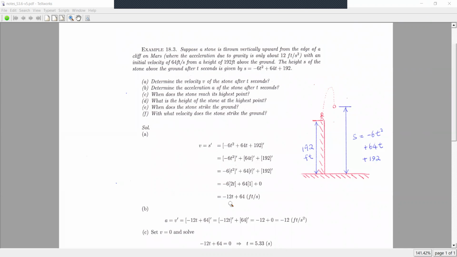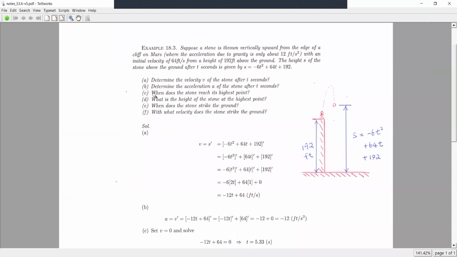This is the velocity of the stone after t seconds. Part B. Determine the acceleration of the stone after t seconds. Take the derivative of the velocity, then we have acceleration. The derivative of velocity is negative 12. So acceleration is negative 12.